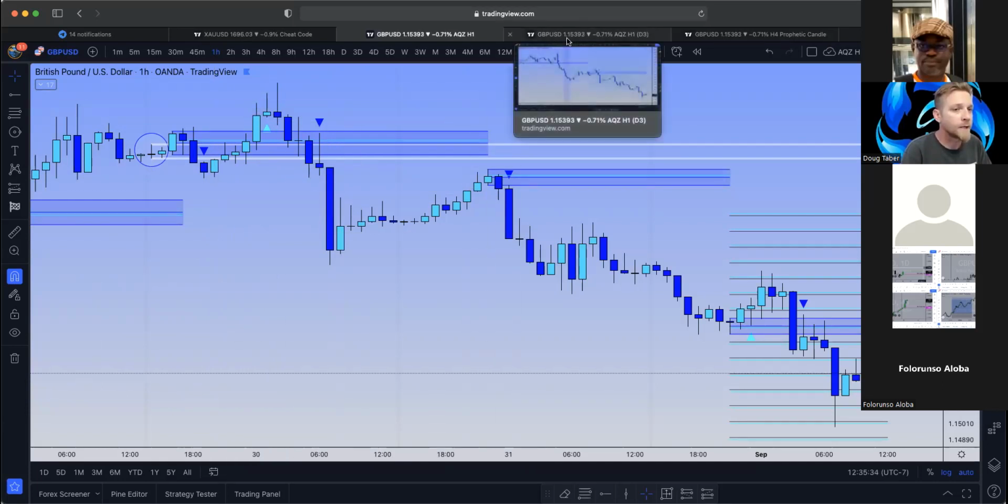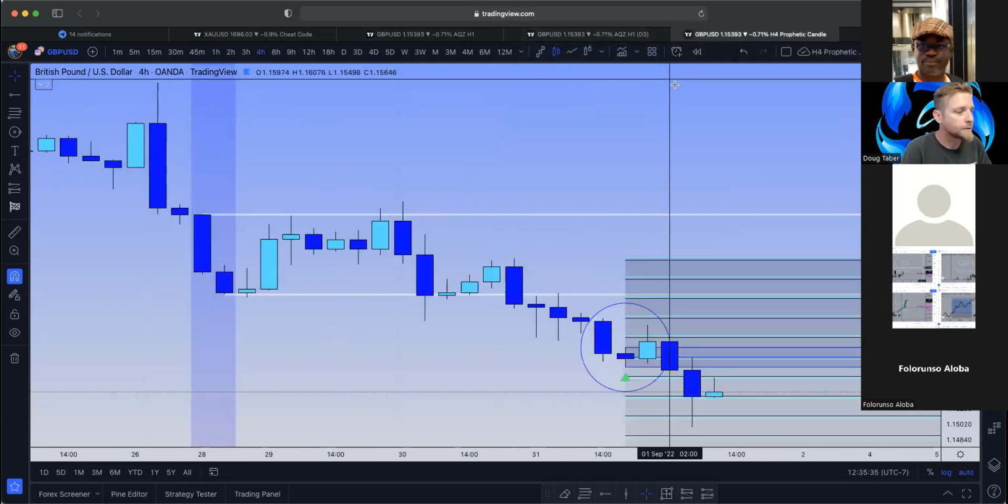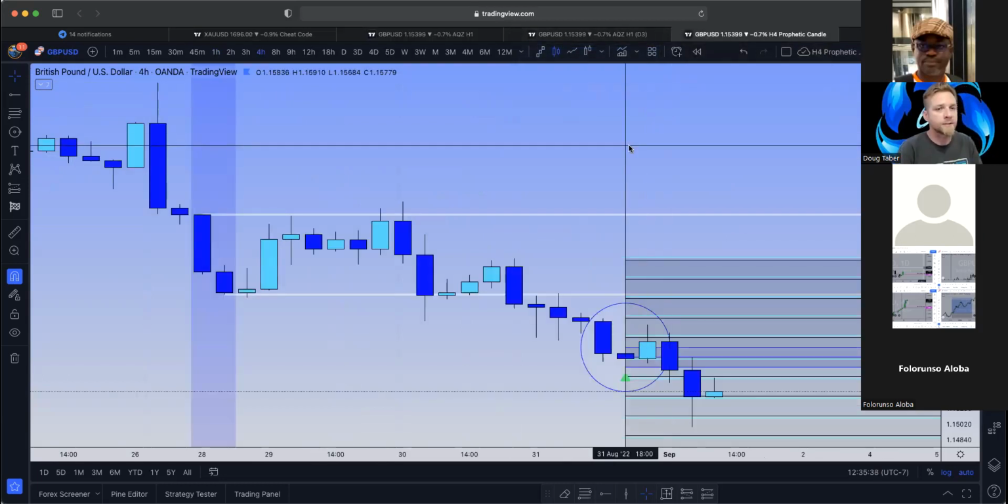Oh, every day? Nice. Any other questions on the H4 prophetic candle indicator? At least one turtle soup on the DXY every single day? Wow. Nice.